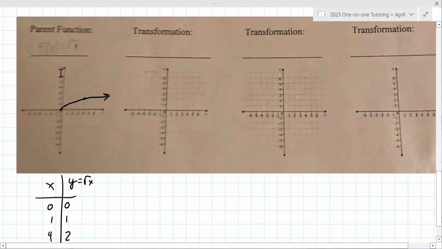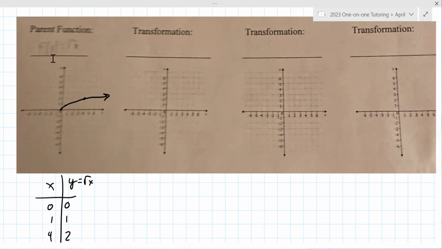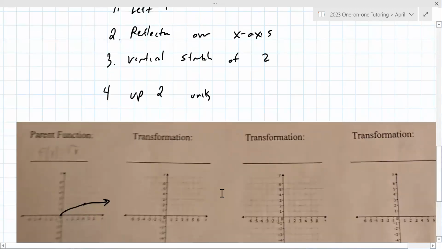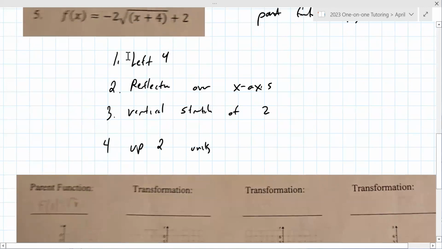I'm only asking for your benefit. I mean, all of this is very clear. I think most of this stuff is, I guess what would I call this, graph with parent functions. So the first thing is to go left 4.